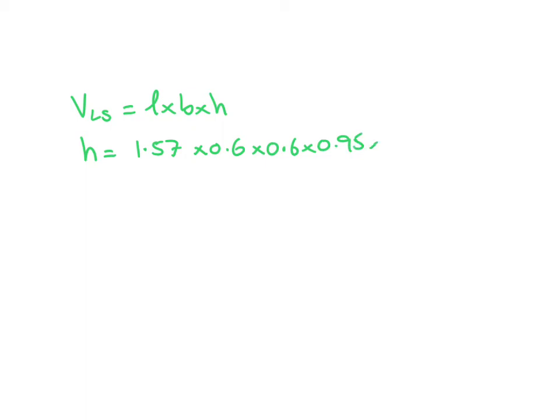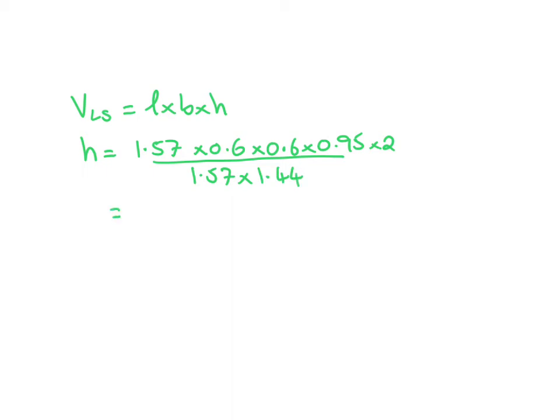If you observe, the water left in the sump is again in the shape of a cuboid. So we will do the calculation here once again. So volume of water left in the sump is nothing but the shape of the cuboid, length times breadth times height. So the height will be equal to volume of water left in the sump, which we found out to be 1.57 times 0.6 times 0.6 times 0.95 times 2 divided by the length times width of the sump, which is 1.57 times 1.44.